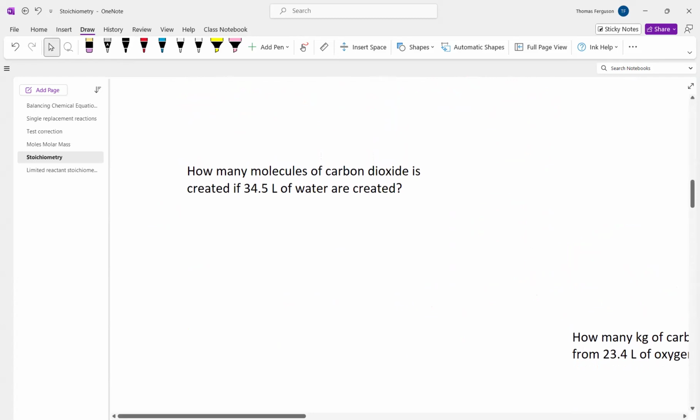Okay, same reaction again. We have methane and oxygen gas equals carbon dioxide and water. And how many molecules of carbon dioxide are created? We start with 34.5 liters of water.